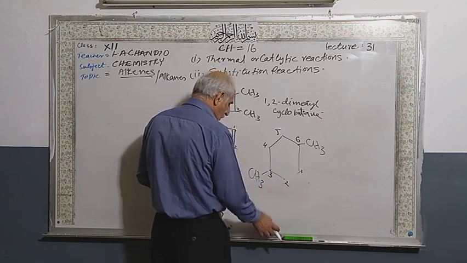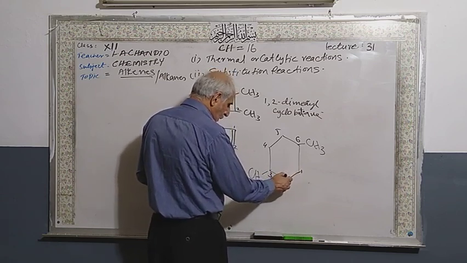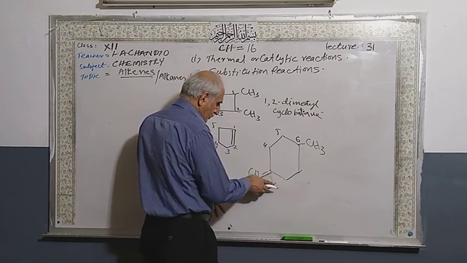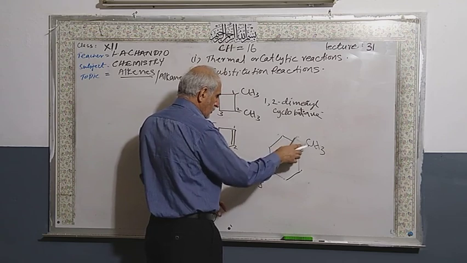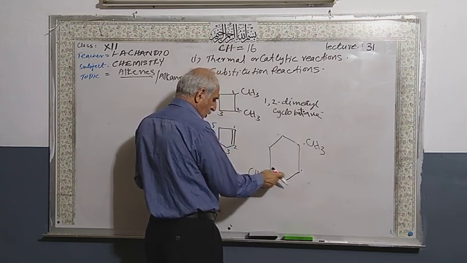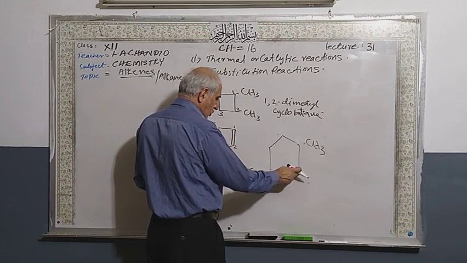This one, if you remove the double bond, then you have to start from the nearest. 1, 2, 3, 4. 1, 2, 3, 4.